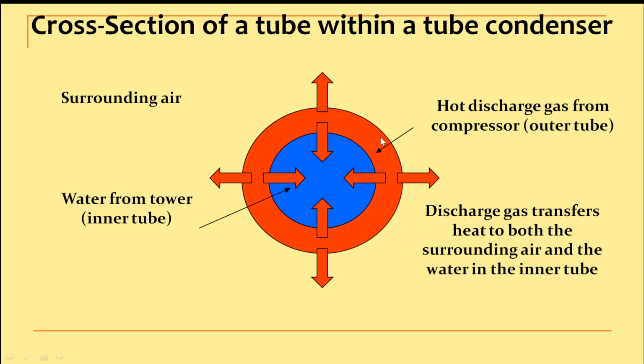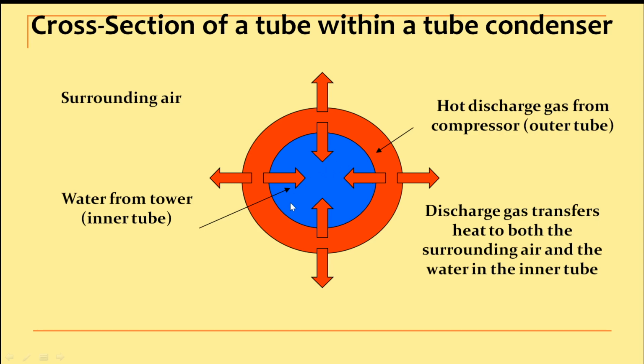So this is a cross-sectional view of a tube-in-tube condenser, a tube-in-tube heat exchanger type condenser. There is an inner tube and outer tube. The annular space may contain the refrigerant or water depending on the situation.